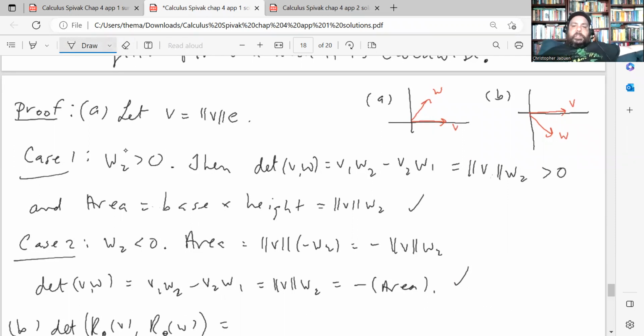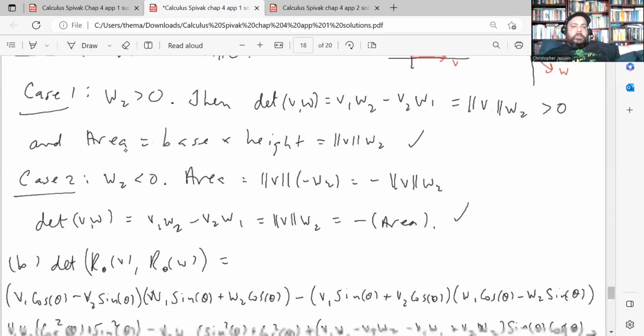So V1 is equal to the length of V times 1 times W2, which is just W2, and V2 is 0, so you get 0 times W1, which is 0. So you just end up with the length of V times W2, which is positive because both of those numbers are positive. And the area is base times height, which is the same quantity, so the determinant gives you the positive area.